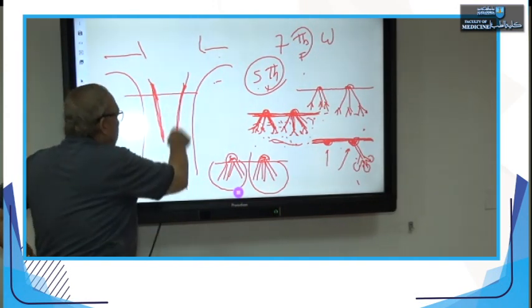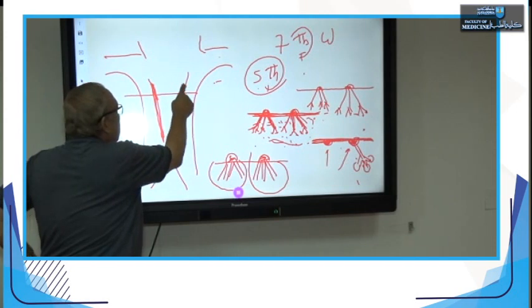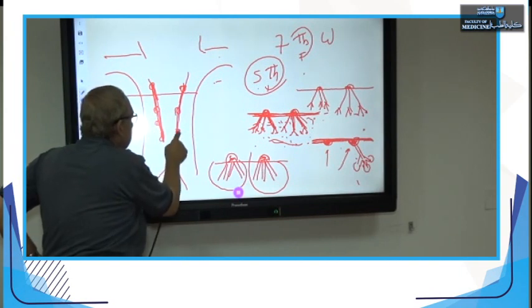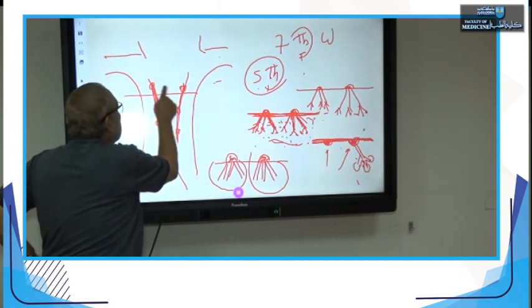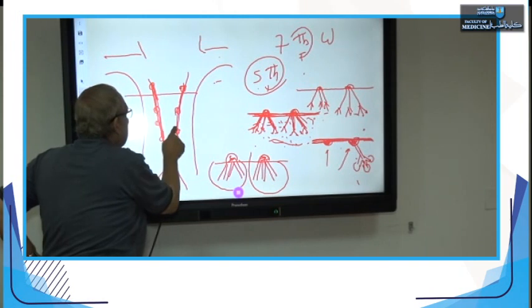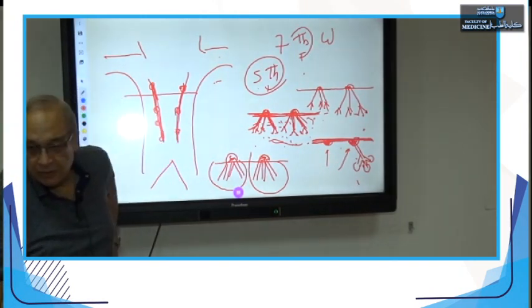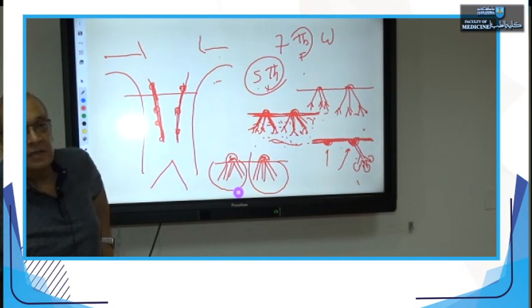We may have along the mammary line more than one breast if it doesn't disappear. If it doesn't disappear, there will be many mammary glands. This will be called polymastia.